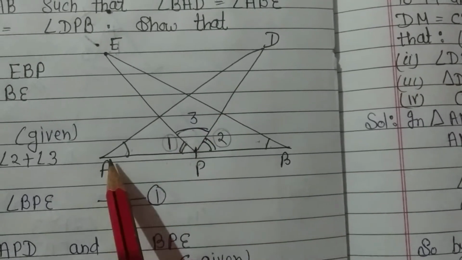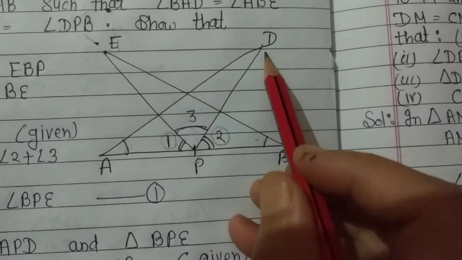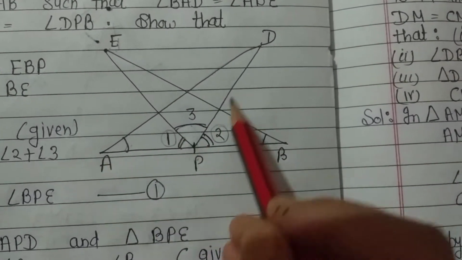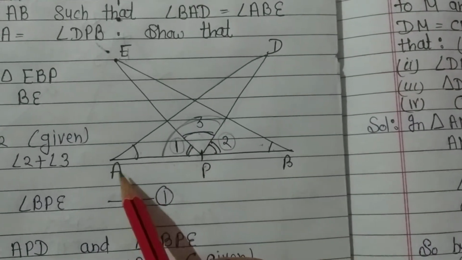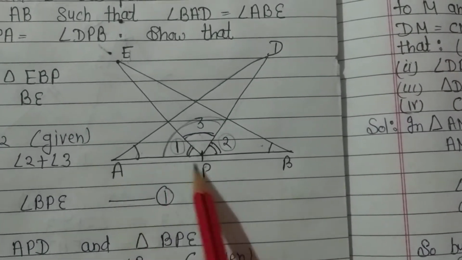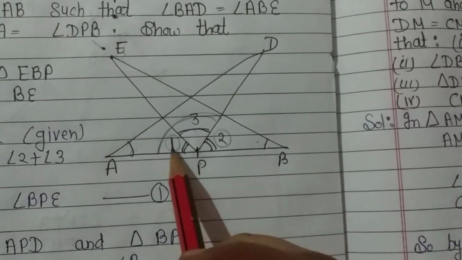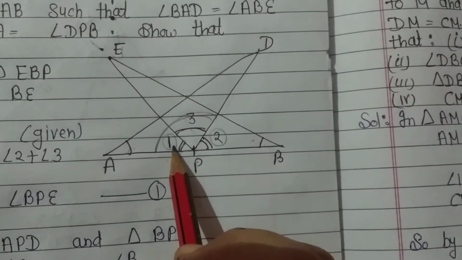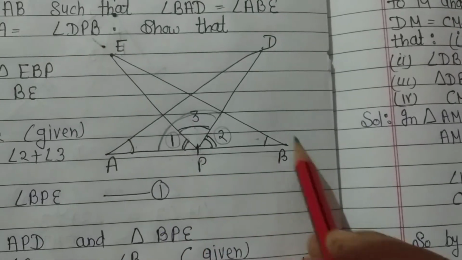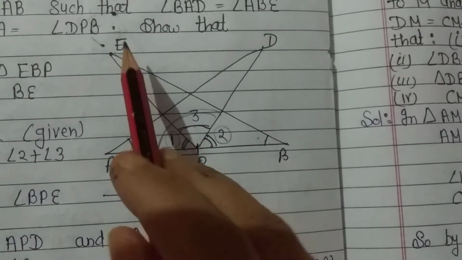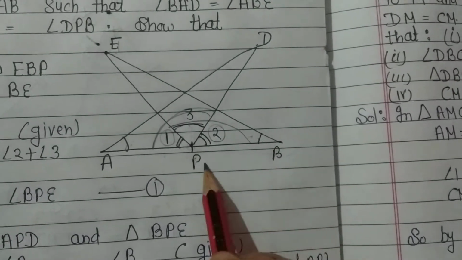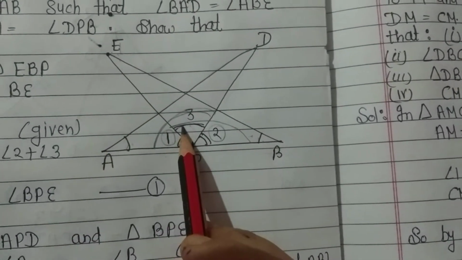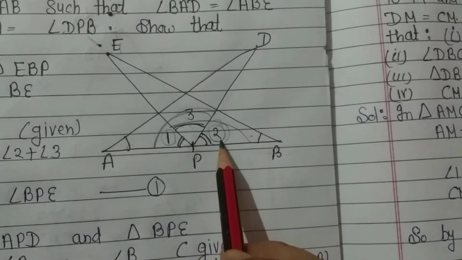In triangle APD, the complete angle is angle APD, but only angle 1 is given, and in triangle BPE, the complete angle is angle BPE, and here also only angle 2 is given.